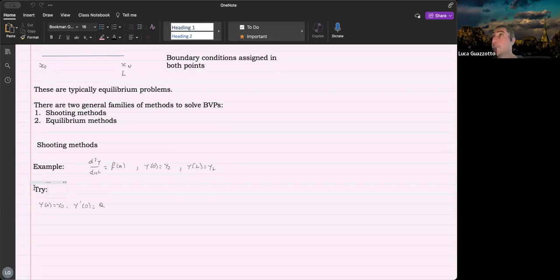Now, the standard methods that we started talking about for integrating initial value problems typically deal with first order equations. And this is a second order equation.